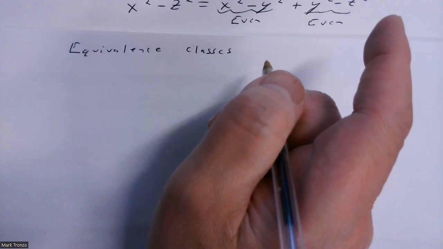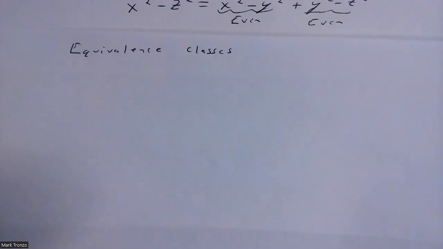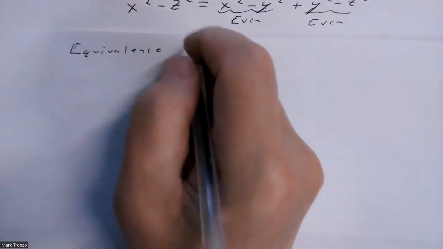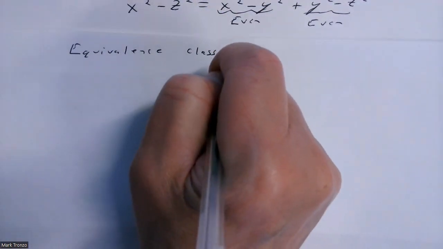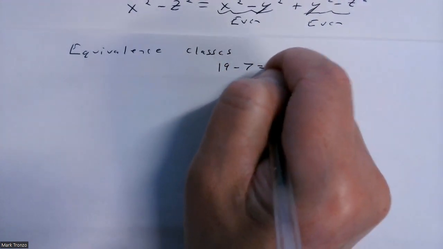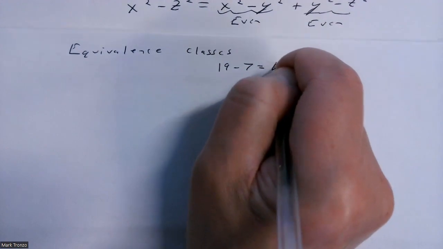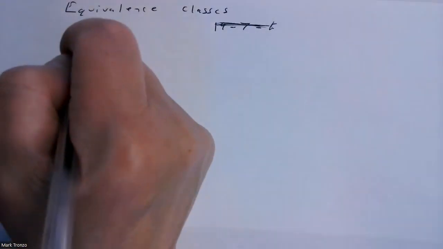If you square an even number, you get an even number. And if you subtract an odd from an odd, you're going to get an even. So what can you think of what the equivalence classes would be?